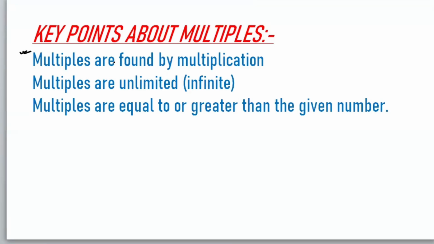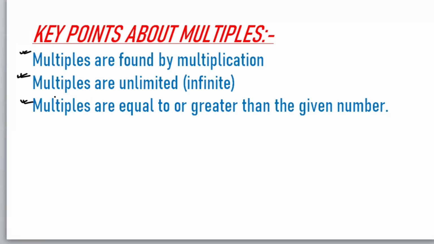But multiples are found by multiplication, and multiples are unlimited. It is infinite. Factors were limited, but multiples are never ending, and multiples are equal to or greater than the given number.